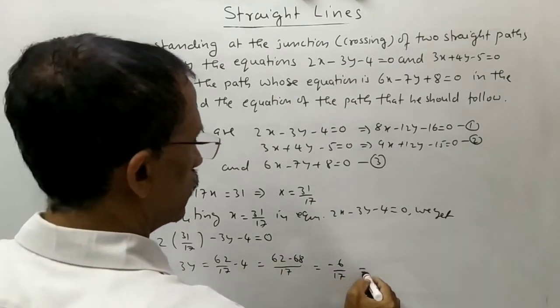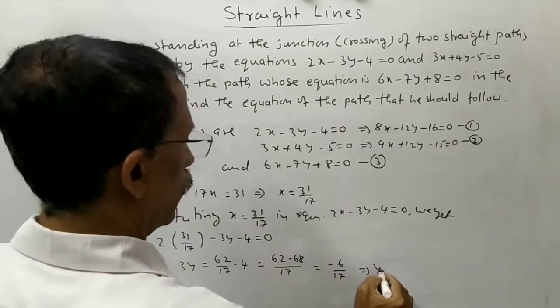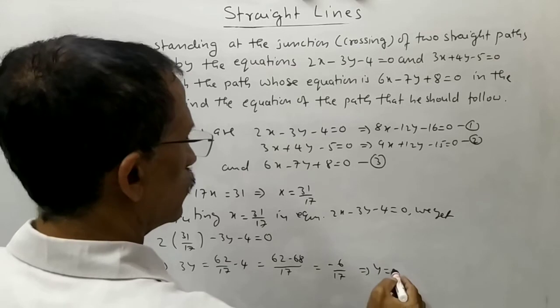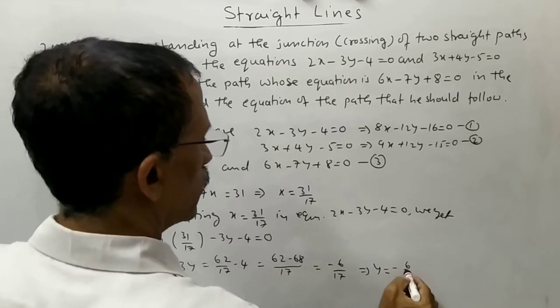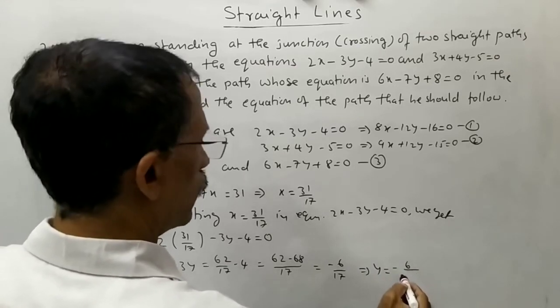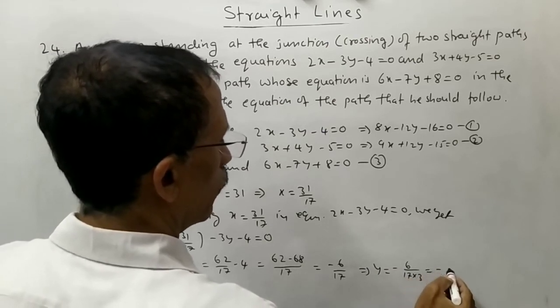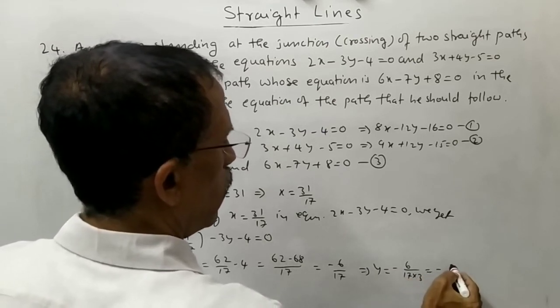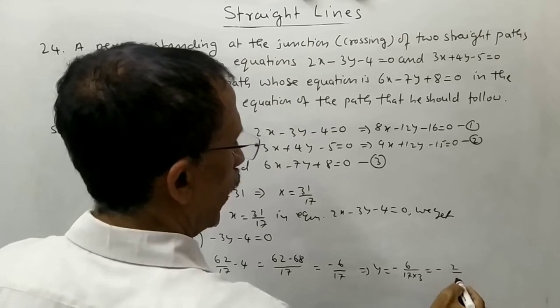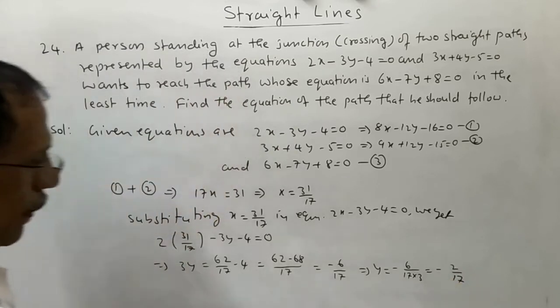This implies y is equal to minus 6 divided by 17 into 3, which is equal to minus 2 by 17.